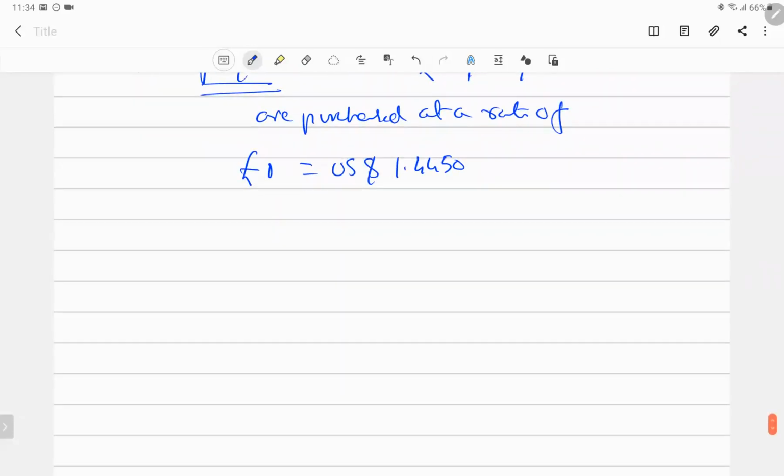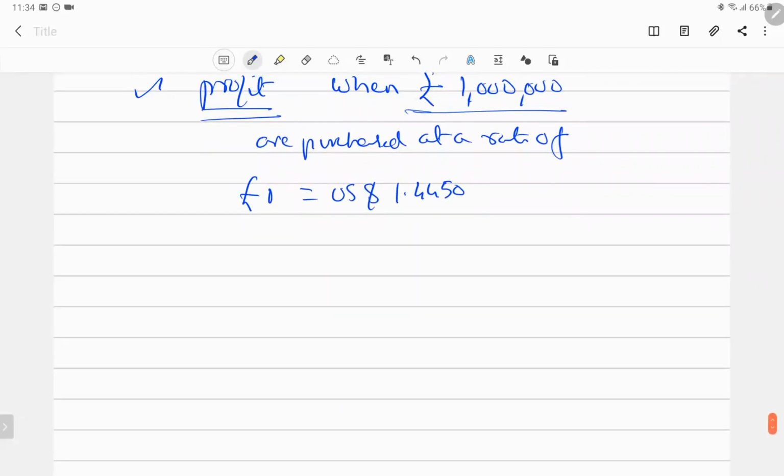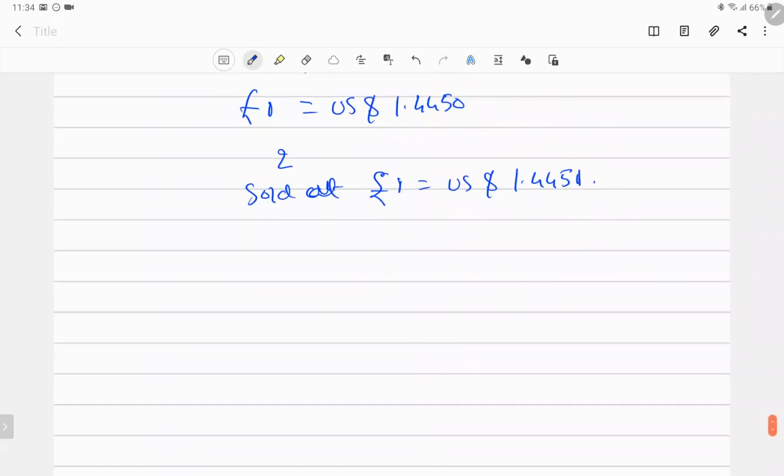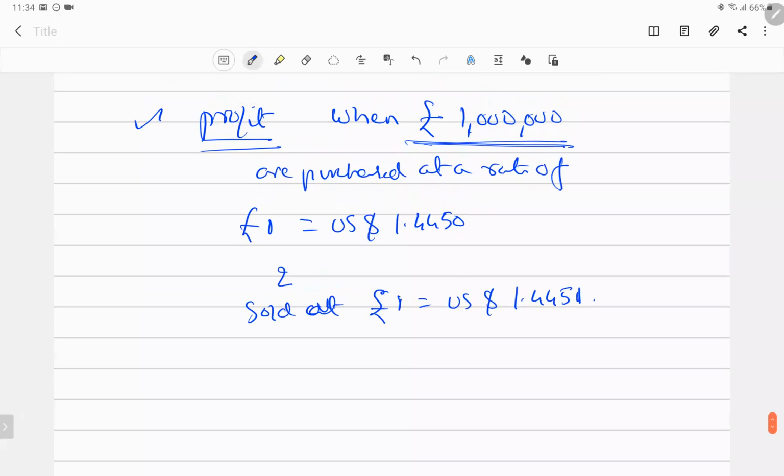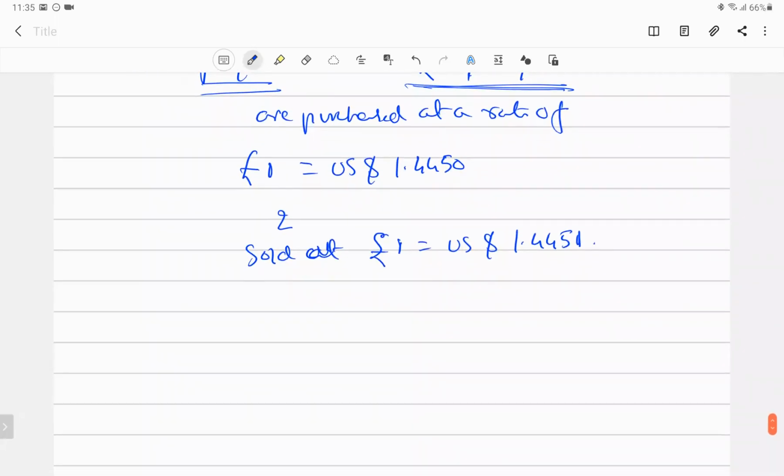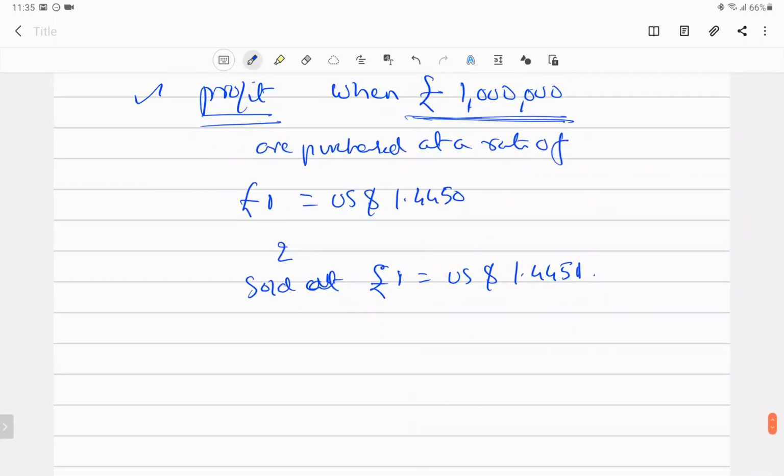It is purchased at this rate and sold when 1 pound is US dollar 1.4451. So what is the profit you have to show? What will be the profit in terms of US dollar?